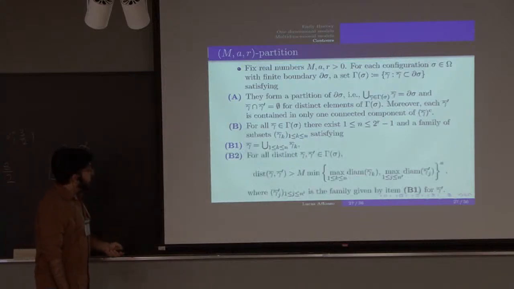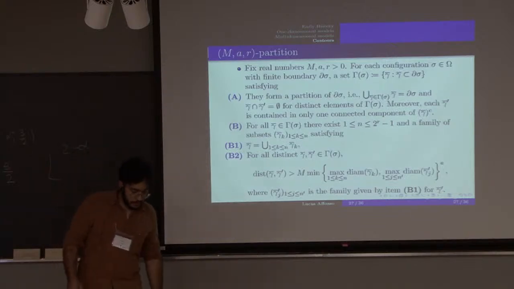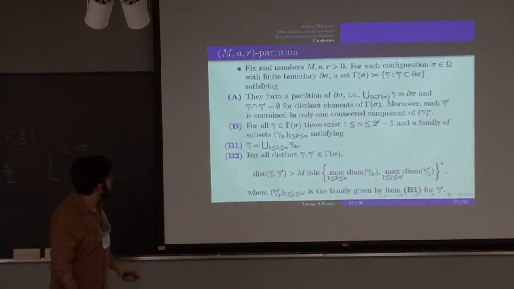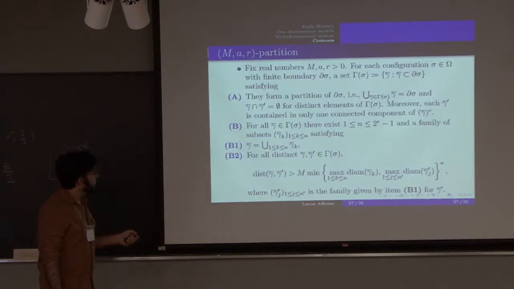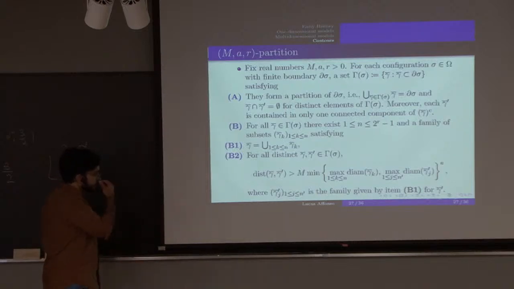And for all distinct pairs, we have this condition of separation. It's a quite cumbersome condition, but it says that the distance of these components is larger than m times the minimum of the maximum of the diameter of them to some power a.